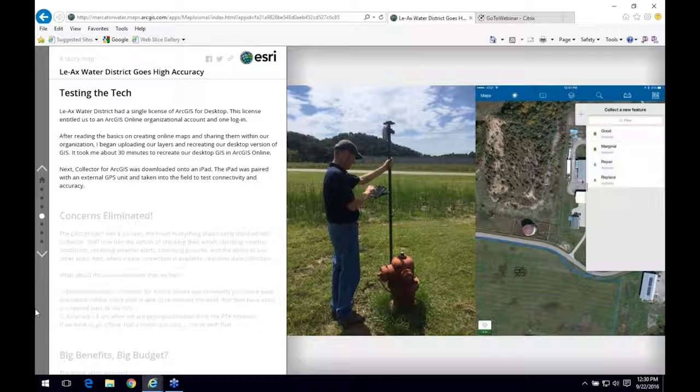I'm looking at my desktop, sitting in my chair, and I've got Collector over here on my iPad, and I'm like, wow, here's the entire district from my desktop onto this iPad in 30 minutes. I can walk outside, and I've got the little blue dot, and it's pretty amazing.